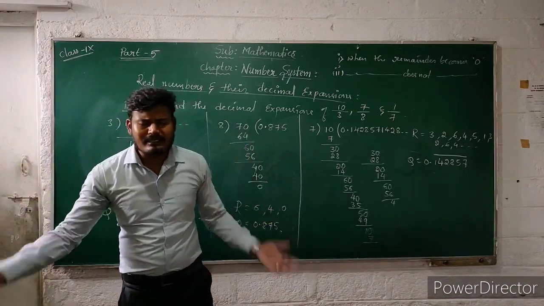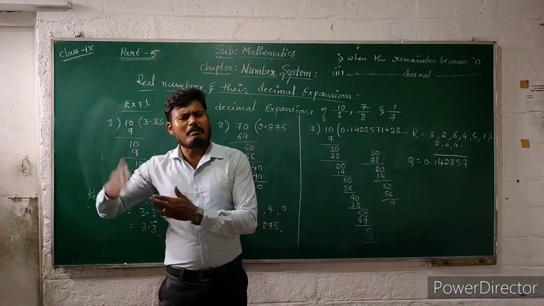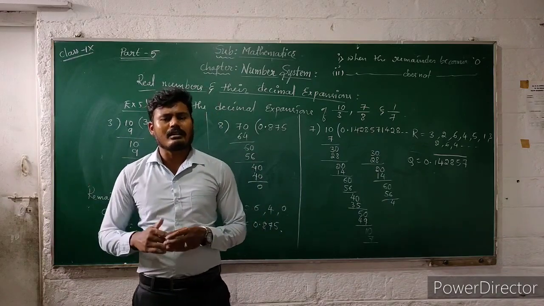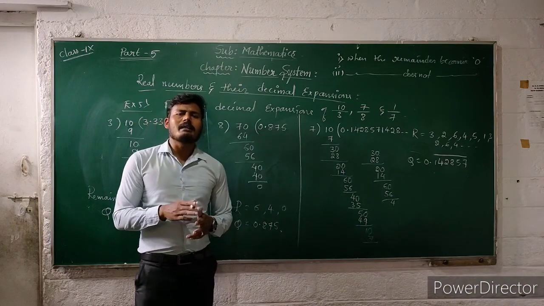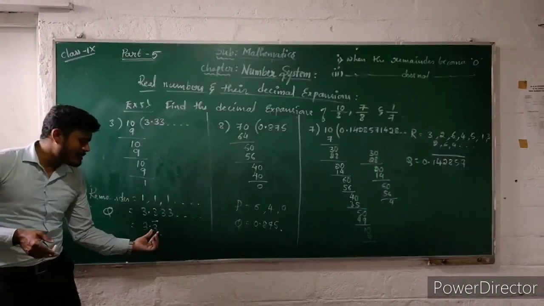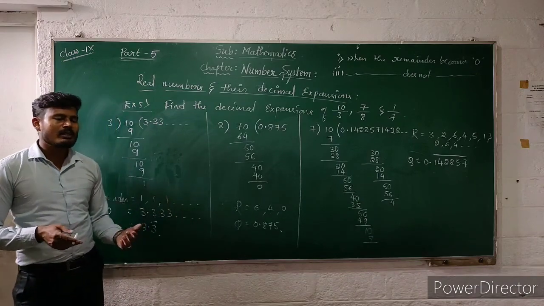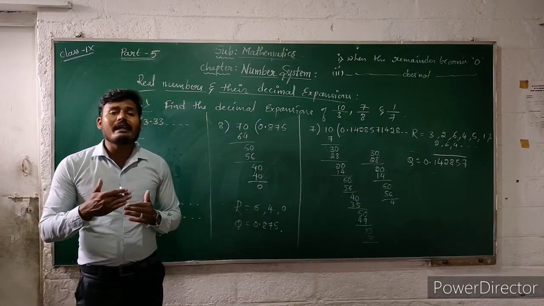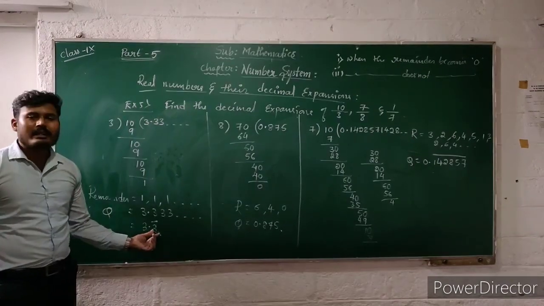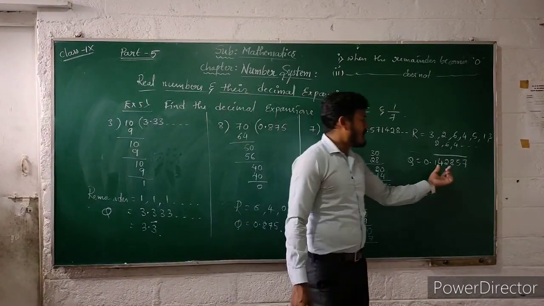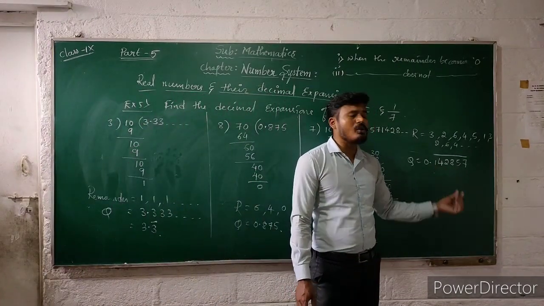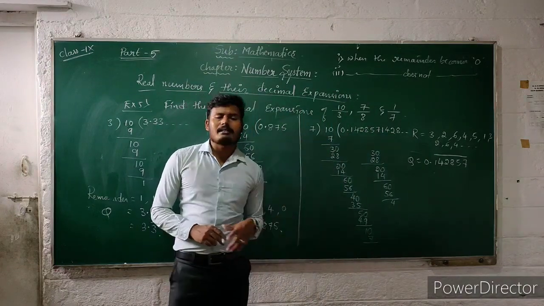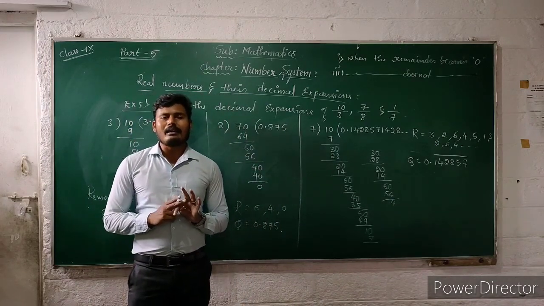It doesn't end at any stage; it contains infinitely many digits, repeating continuously. That's why these two examples are called non-terminating repeating decimal expansions. Here 3 repeats, and here 6 digits, 1, 4, 2, 8, 5, 7, repeat.